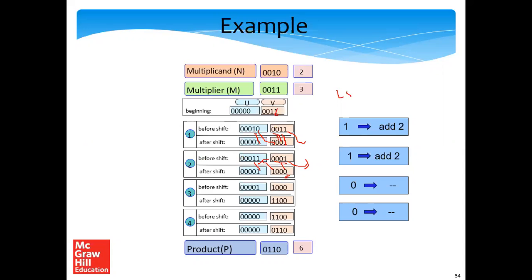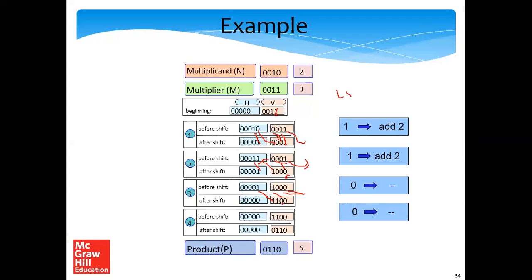Here the LSB of v is 0, then we do nothing, simply we shift this operation, and 1 comes here, and 1 here, and again all the bits are 0 in the last.